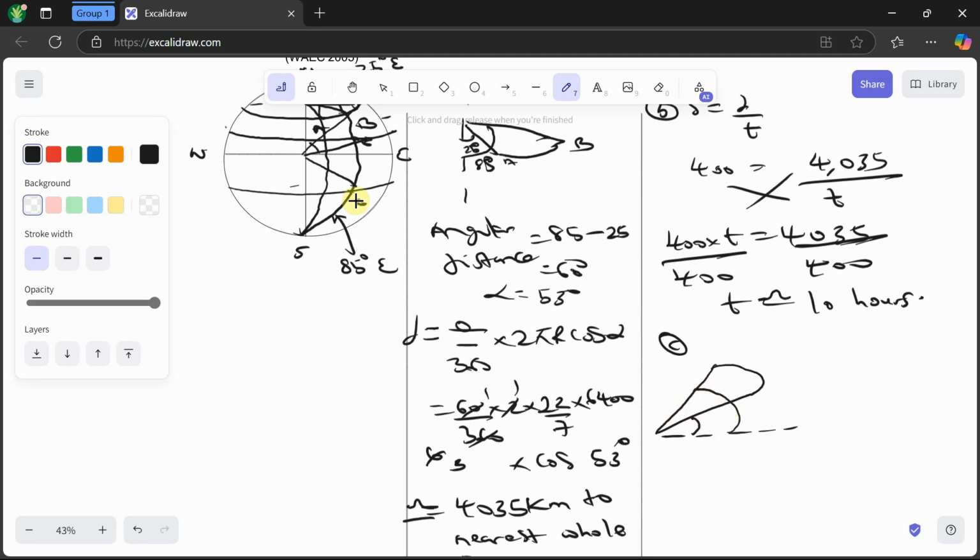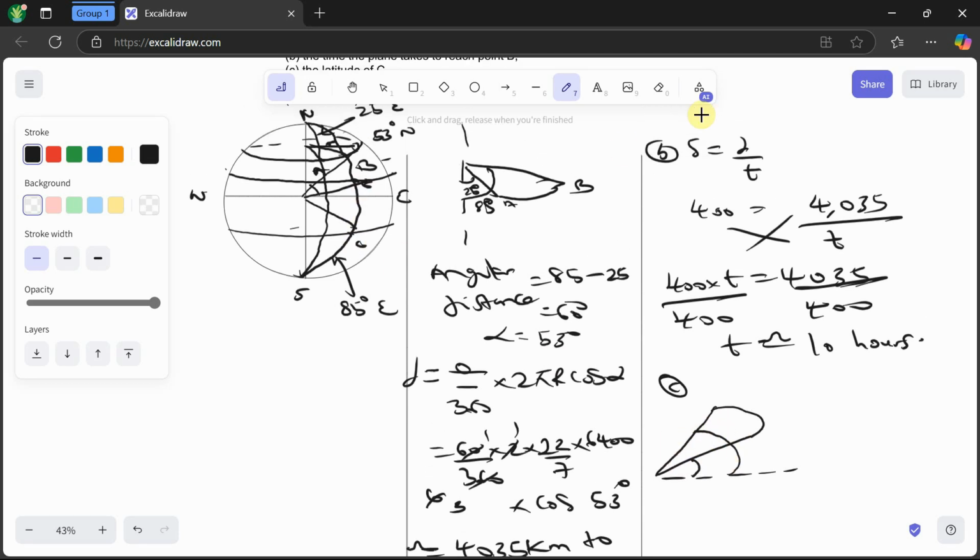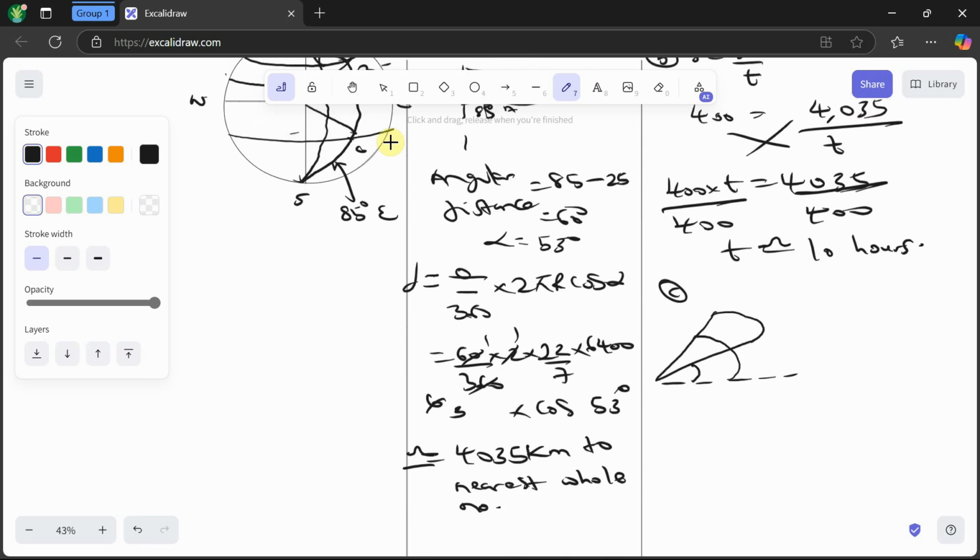This place is at latitude 53 degrees north, so here it is 53 degrees, and here is x. So our angular distance, our theta here, would be 53 minus x. So this is one possibility. These are B, these are C.